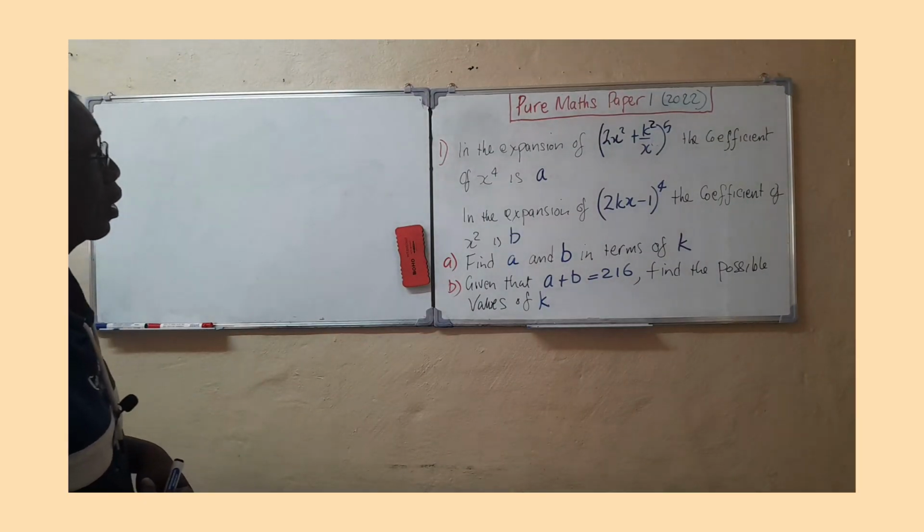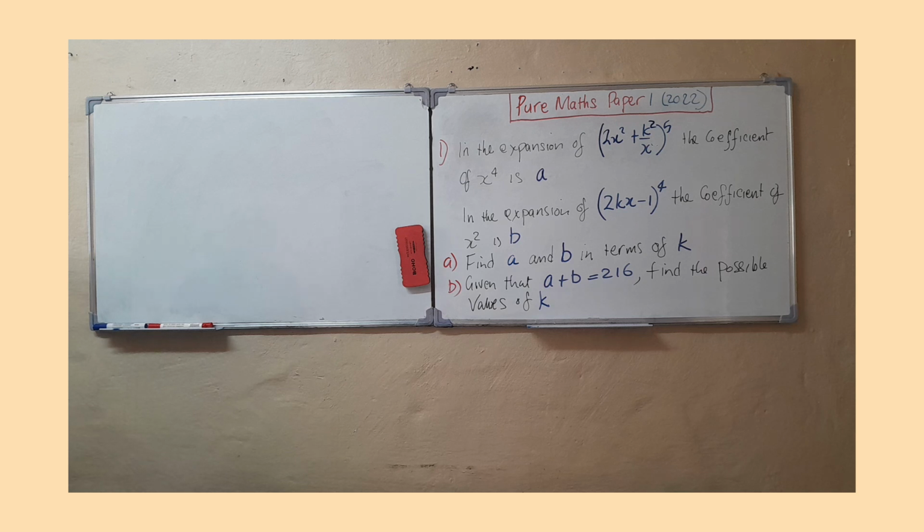Of course, this is a purely binomial theorem type of question, and so before we proceed any further, we need to make sure we understand and know how to handle our binomial theorem.